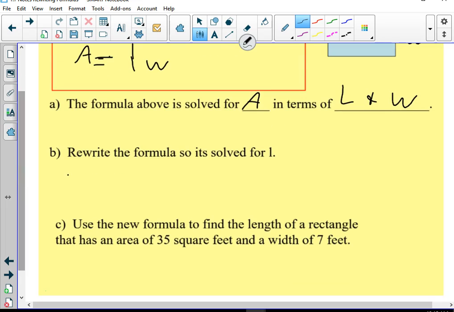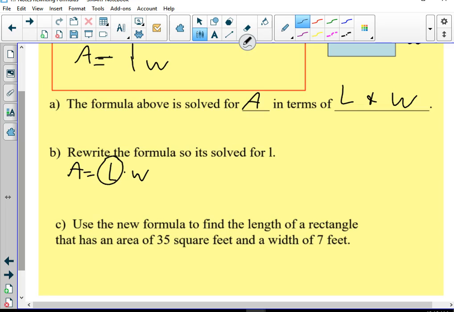So you start off by writing the original one. A equals L times W. Now, what do we want to get by itself? We want the L by itself, right? Pretend this said A equals 2L. And you want to get the L by itself. What would we do? Divide by 2. Well, what's attached to the L?